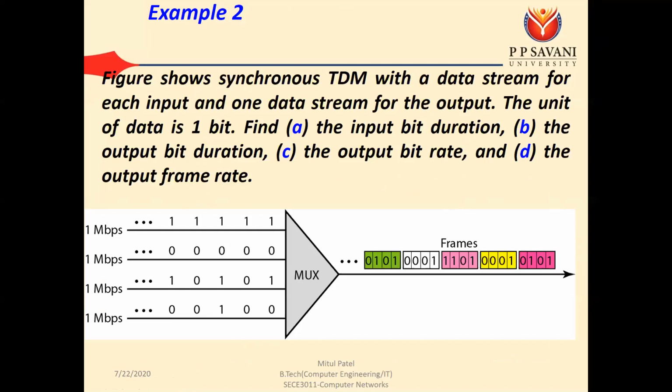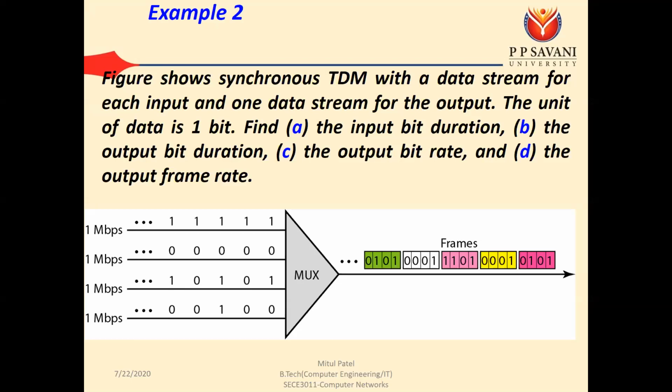Okay, third question is the output bit rate. The output bit rate is the inverse of the output bit duration. Our output bit duration is 1 by 4 microsecond, so we can say that our output bit rate is 4 Mbps.